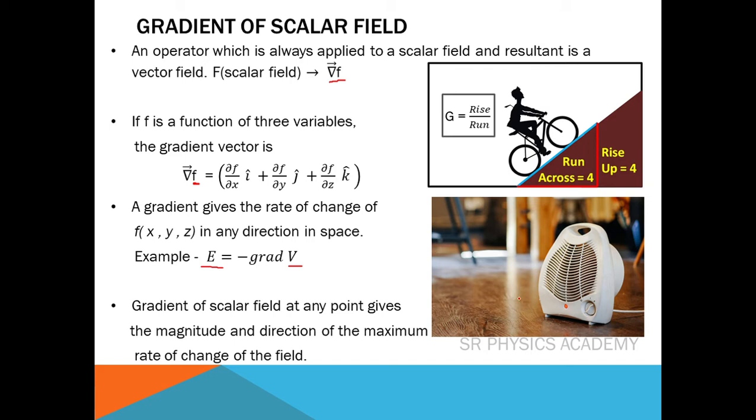Near the heater it is very hot, but if you move away, compared to this location the heat will be less. So the gradient of the scalar field at any point gives the magnitude and direction of the maximum rate of change of the field, and we can calculate it.